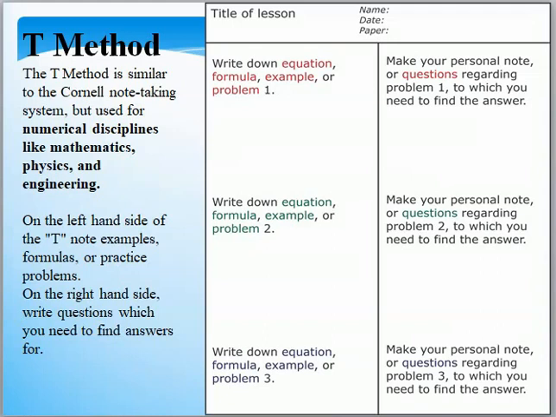On the left hand side you have to write the equation, formula, example or problem, and make your personal notes or questions regarding the problem first, and what you need to find the answer to, on the right hand side.